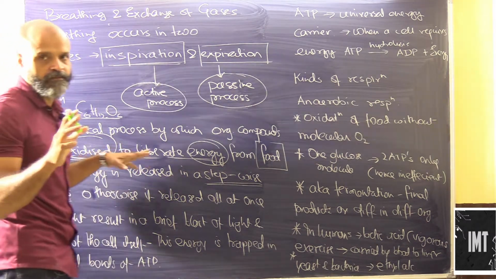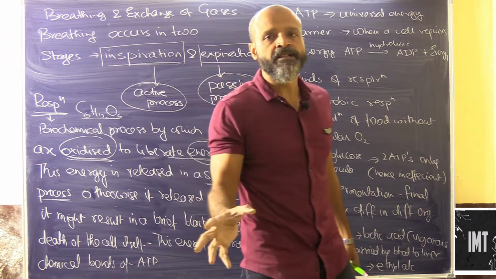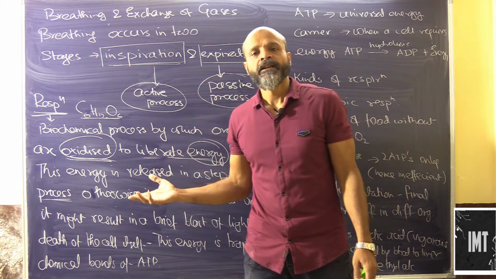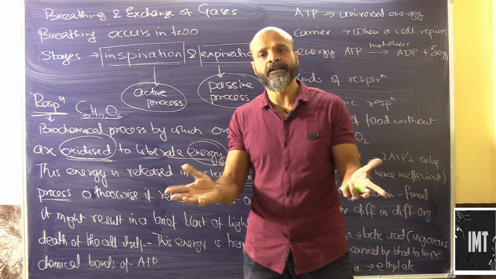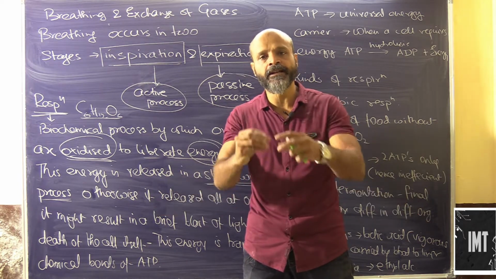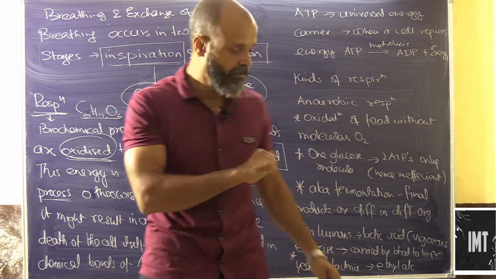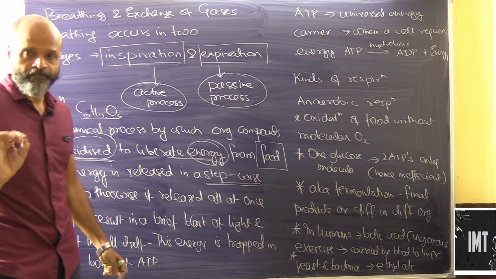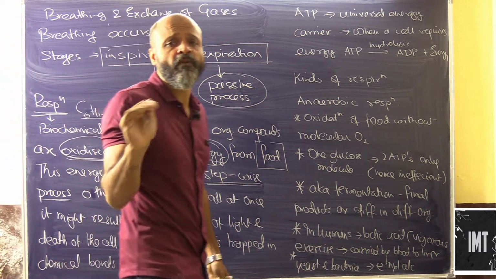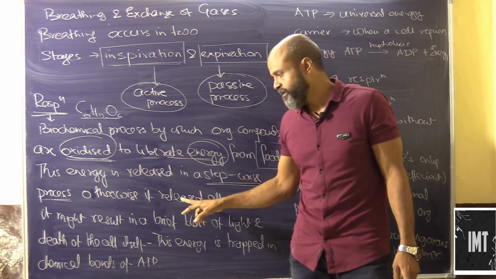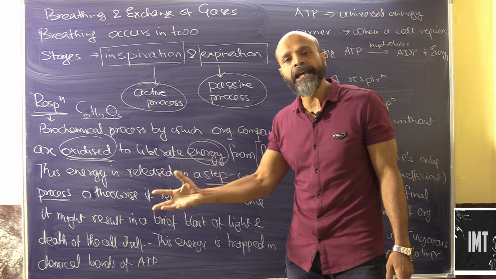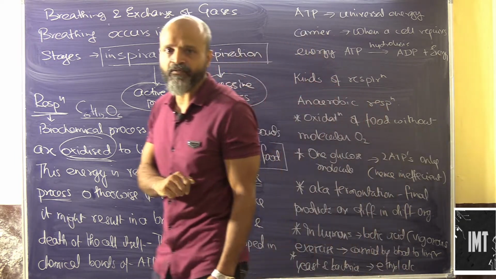Now understand this, people. If this energy is released all of a sudden, it is going to be so huge an energy that it's going to blast the cells, and the cells are going to die. It's like an explosion within the cell that will happen. So this energy has to be released in a stepwise process, and this stepwise process is basically the process of releasing ATPs, that is adenosine triphosphate.